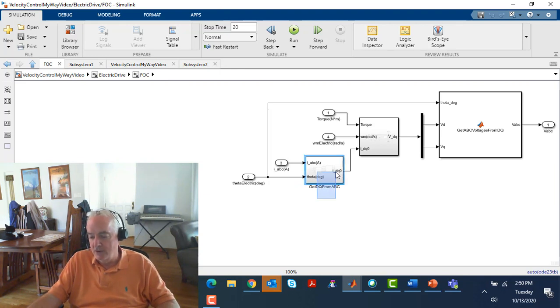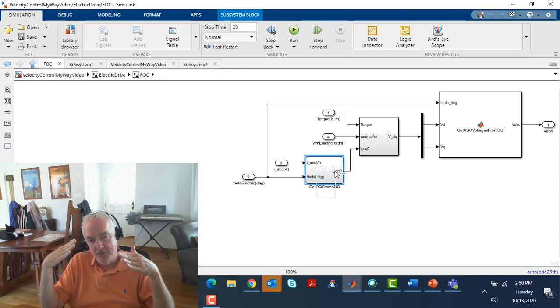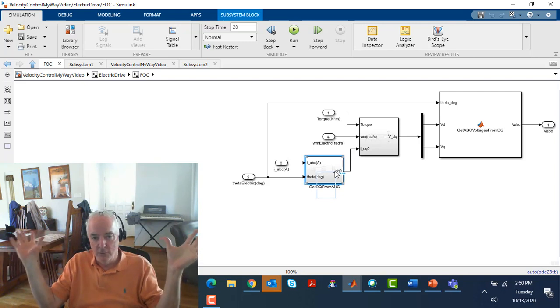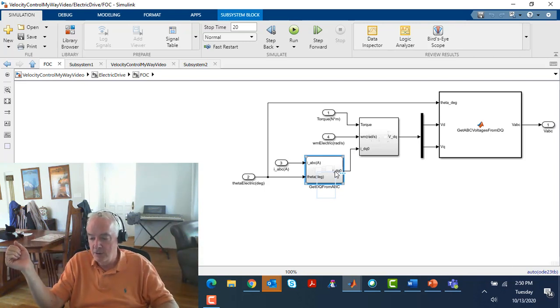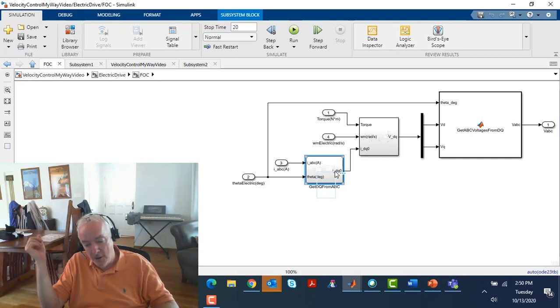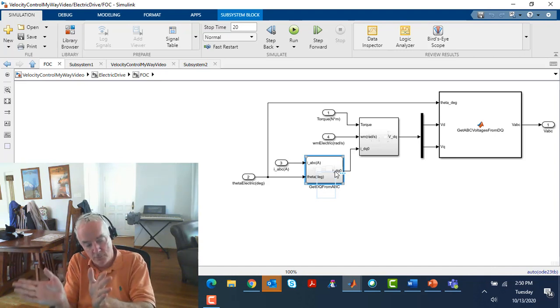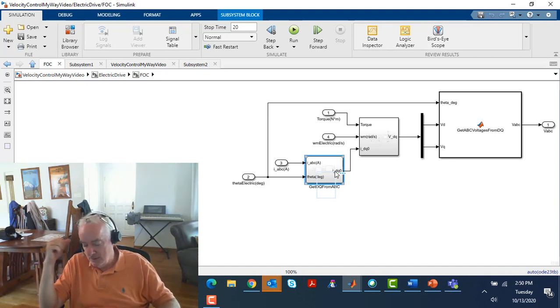So last week was essentially going from, I call it this ABC, physical space orientation of our electric magnets that are in our stator, and representing them with a mathematical model that reflects the torques and magnetic fields that they can generate.